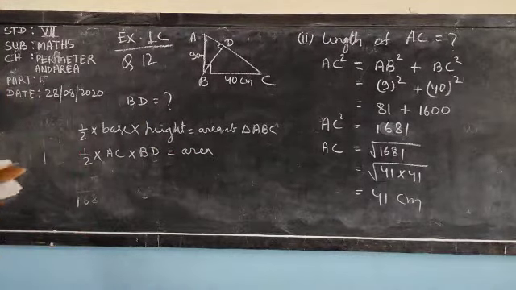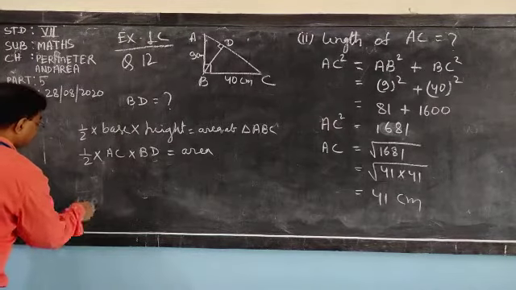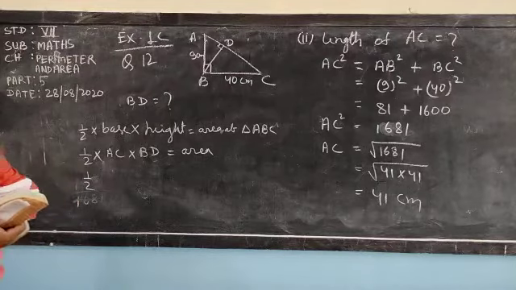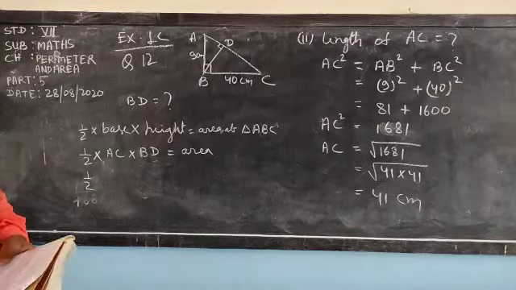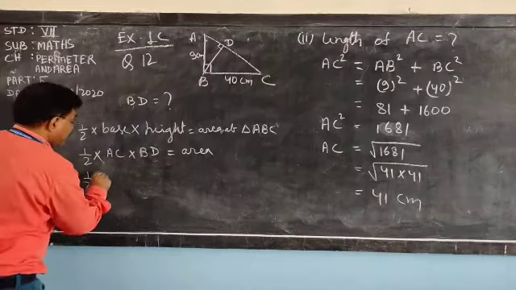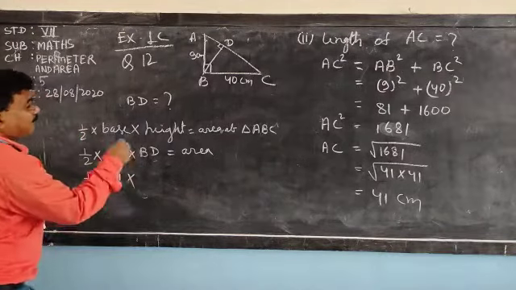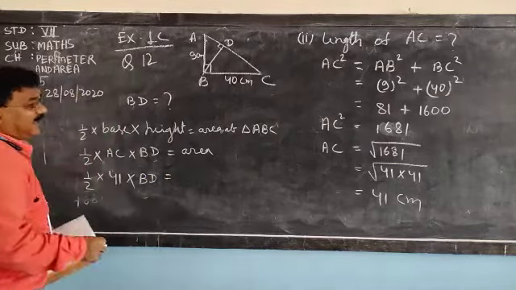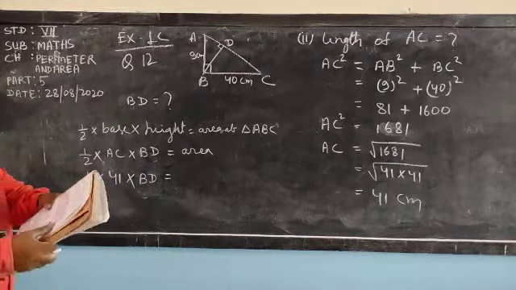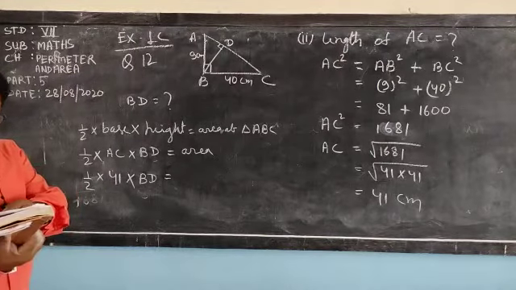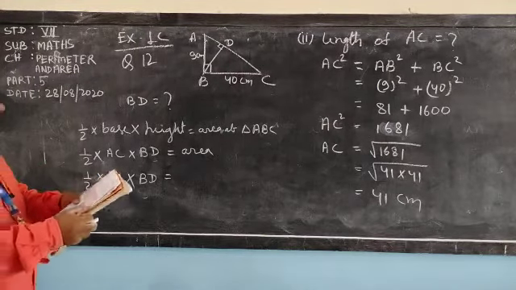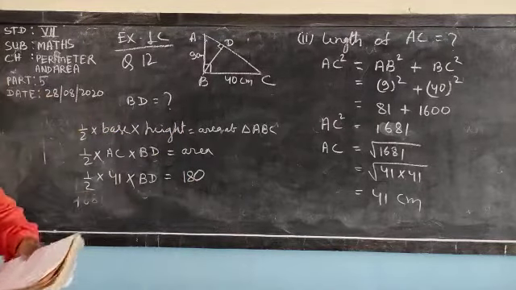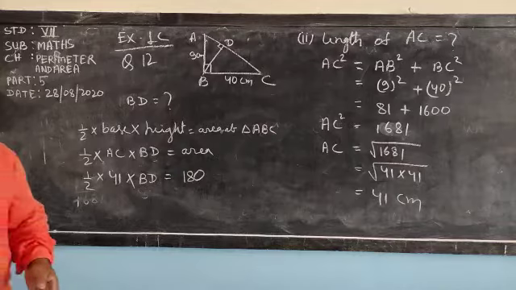What we have got? AC, and in the second question AC was 41. Yes, AC is equal to 41. BD is the height which we have to find, and area we have got. In the first question area of triangle ABC is 180. Now let us solve it.